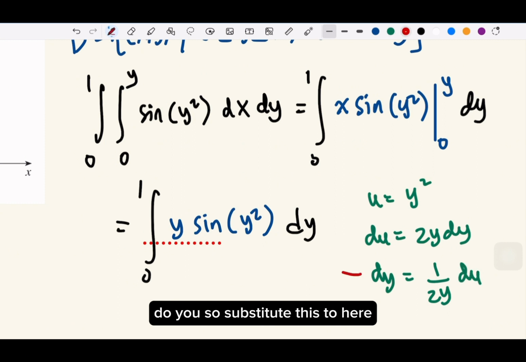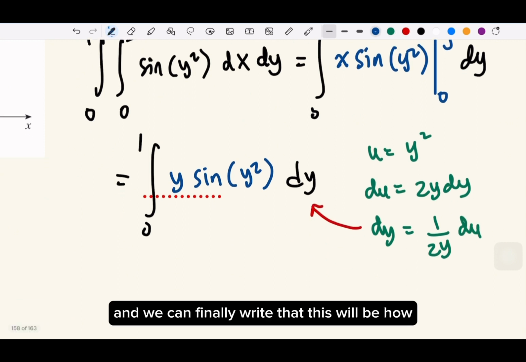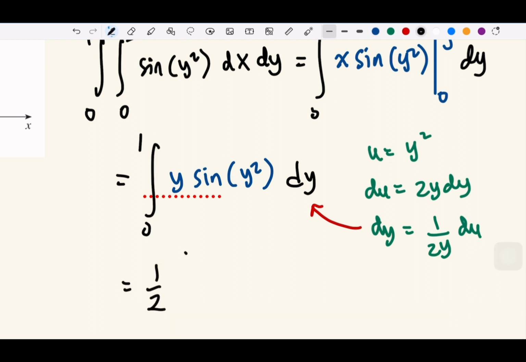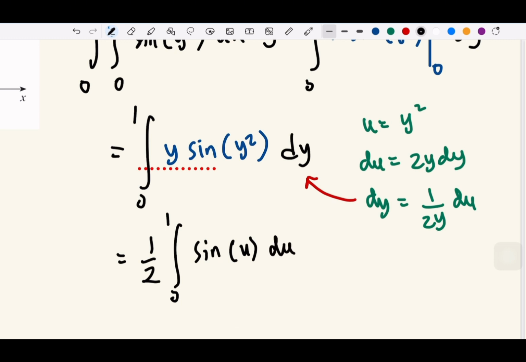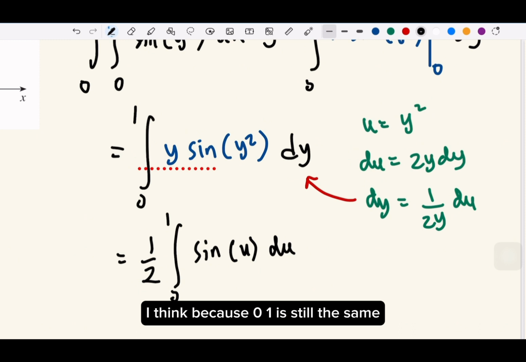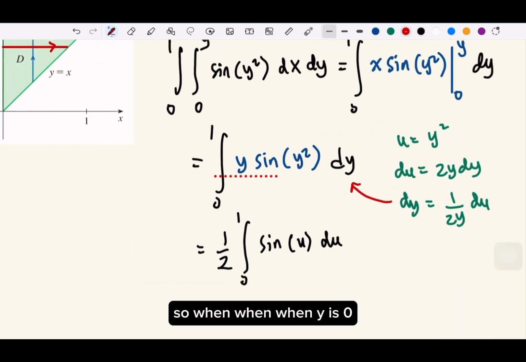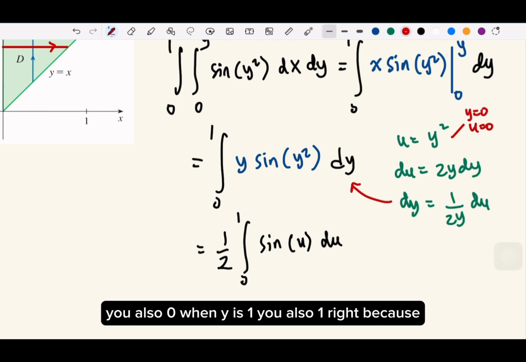Substituting this here, we can finally write half, and everything becomes sine u du. Because 0 to 1 is still the same: when y is 0, u is also 0, and when y is 1, u is also 1, right? So still 0 to 1, it's okay.